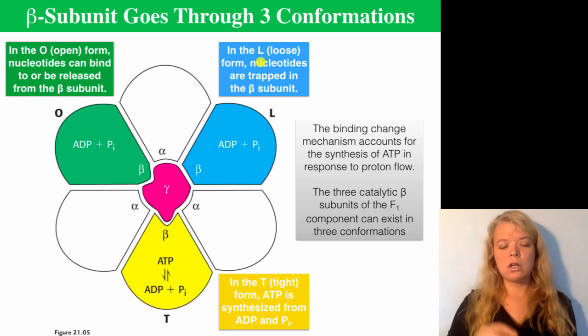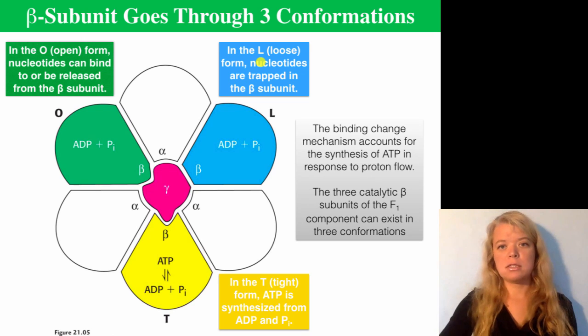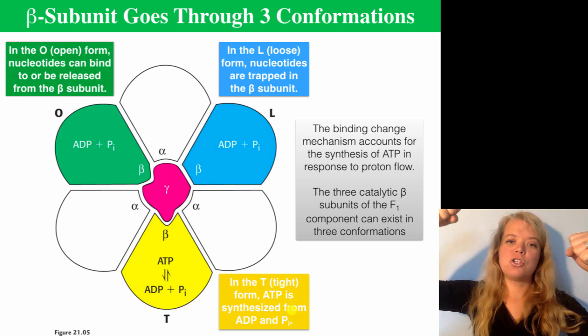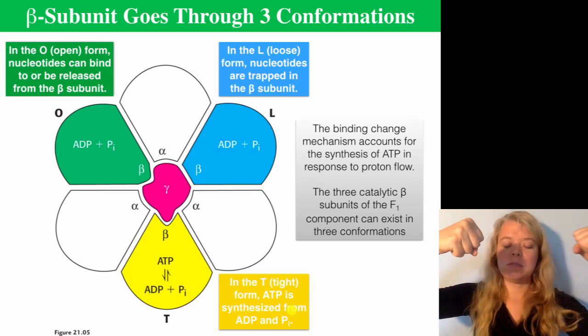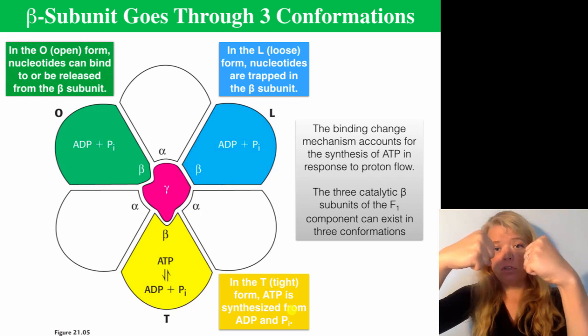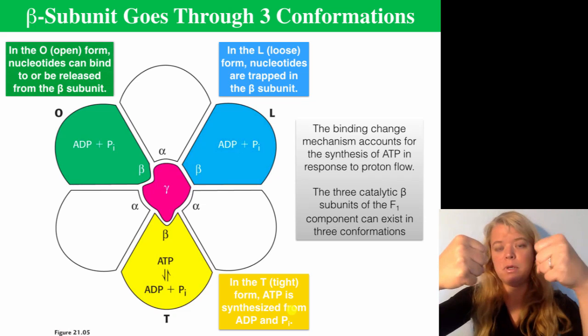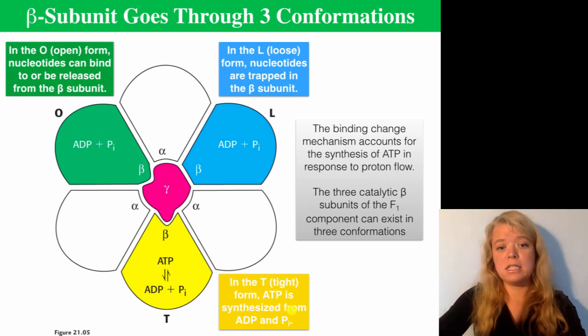The loose conformation, where the nucleotides are now trapped inside the subunit. And then the tight conformation, where the phosphate and the ADP are literally shoved against each other, allowing for the bond between the third phosphate and the ADP molecule to form, forming ATP.